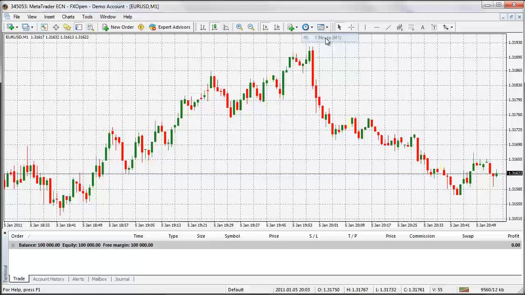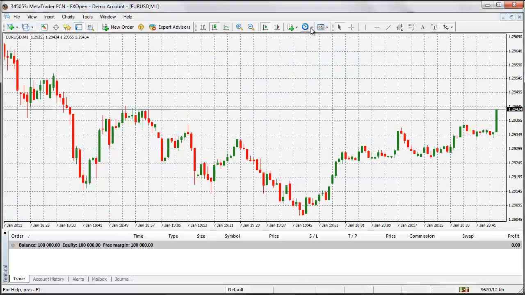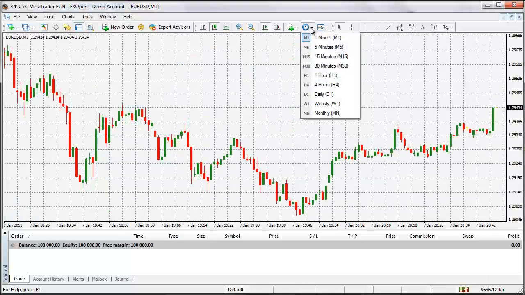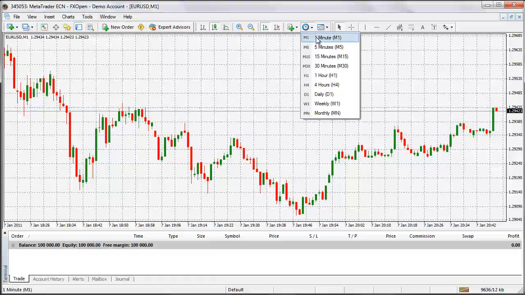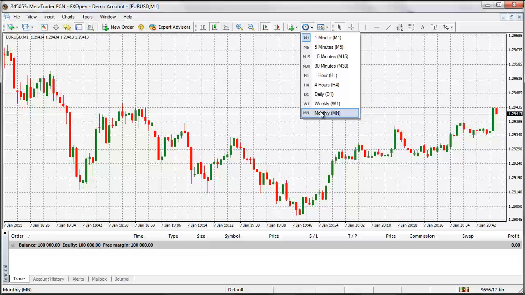Right, there are several time frames that we can use to make some sense out of the market. We have the 1 minute, 5 minute, 15 minute, 30 minute, 1 hour, 4 hour, daily, weekly and monthly. If you were to trade on the 1 minute and 5 minute, these are basically guys that like to scalp.